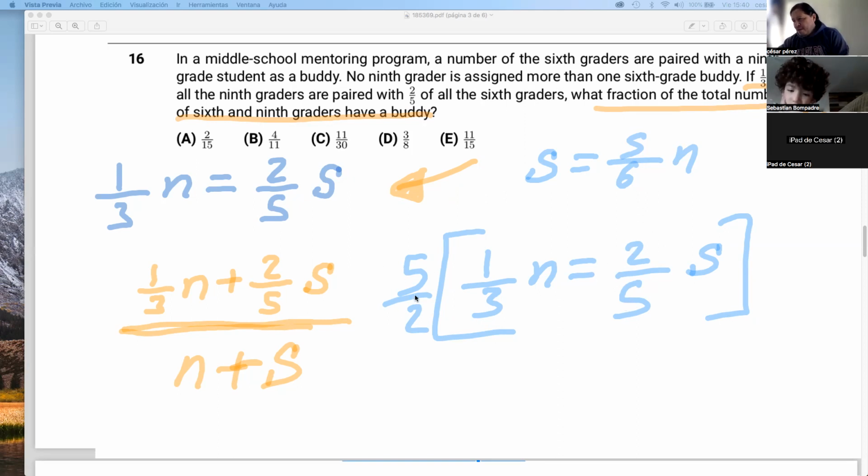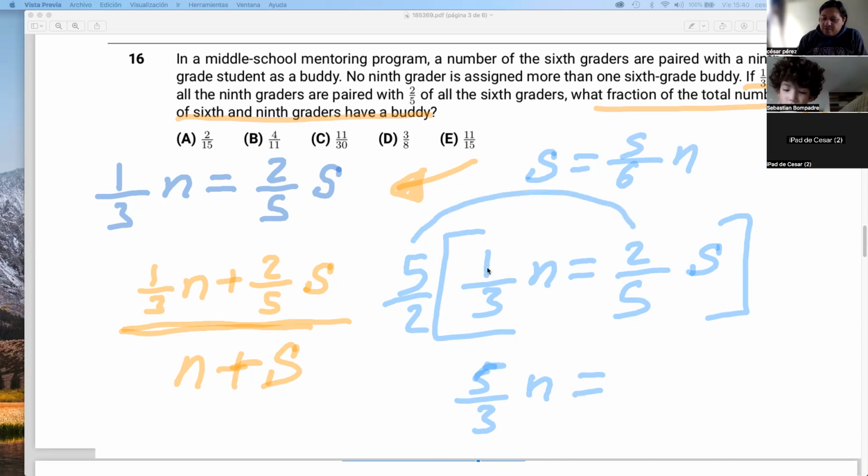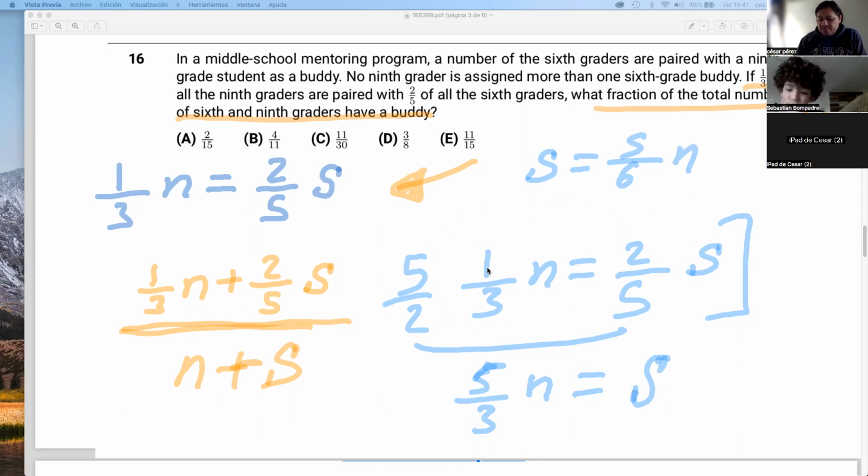We will multiply this: 5 times 1, 5. 2 times 3, 6. 5 times 2, 10. 2 times 5, 10. So we will get that s is 5/6 of n. Okay. Do you agree with this?